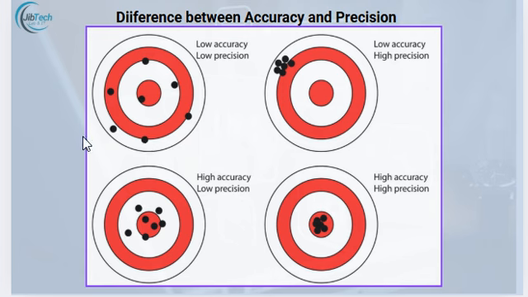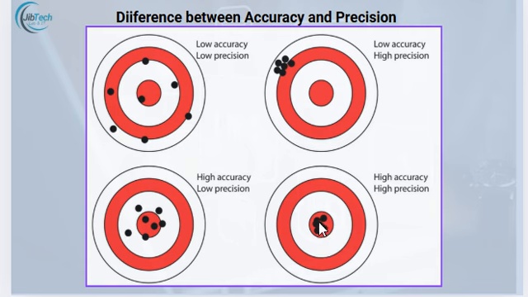So if I throw 1, 2, 3, 4, 5, 6, 7 arrows on this board, and all 7 arrows drop inside this true value, then that instrument is accurate, like we have in image 4, where we have all the arrows falling together inside the inner circle.